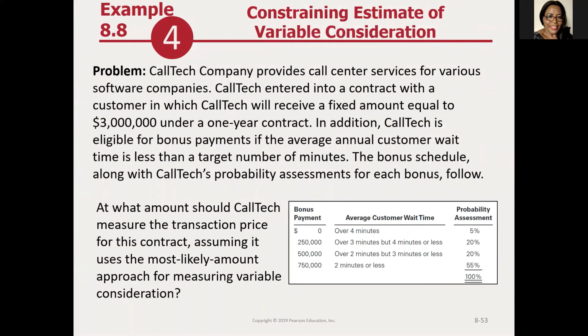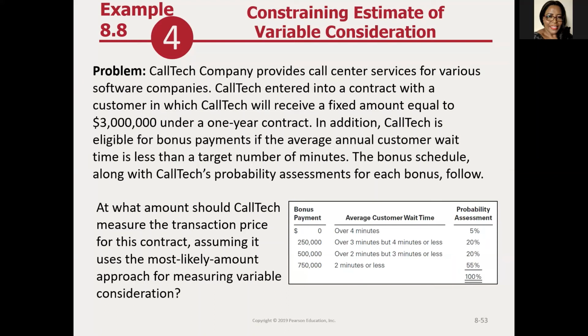In addition, Calltech is eligible for bonus payments if the average annual customer wait time is less than a target number of minutes. The bonus schedule, along with Calltech's probability assessment for each bonus, is below. At what amount should Calltech measure the transaction price for this contract, assuming it uses the most likely amount approach for measuring variable consideration?